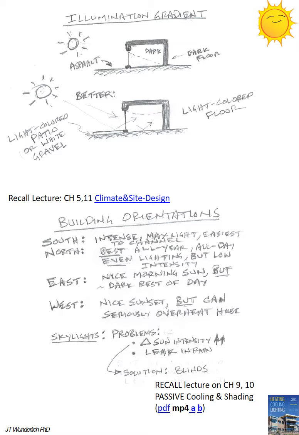So recall in chapters 5 and 11, in site design, orienting south, north, east, and west for different things that we're considering, design considerations, also skylights, and if the sun's too intense, you might want to put blinds on them also, which I ended up doing on that one project I already mentioned. And you can see more on those kinds of things with shading in the previous lecture in Chapter 9:10, passive cooling and shading.